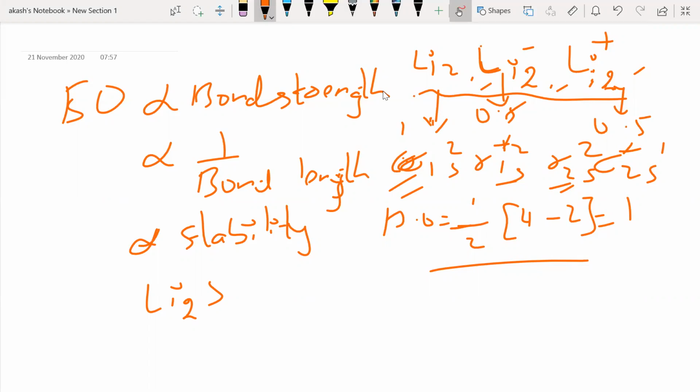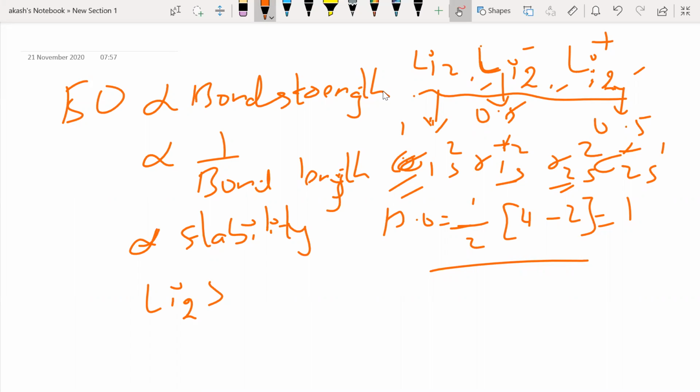When two species have the same bond order, the species with more number of electrons in the anti-bonding orbital is less stable. Again, I repeat: if the bond order is the same for two species, the one which has more number of electrons in anti-bonding orbital is less stable.